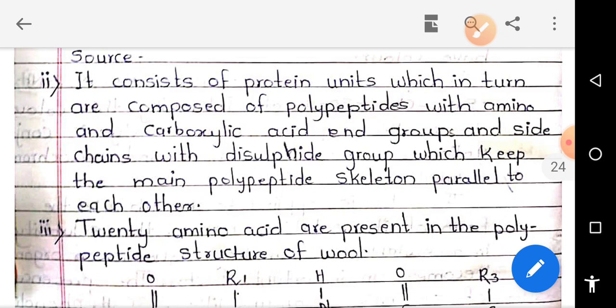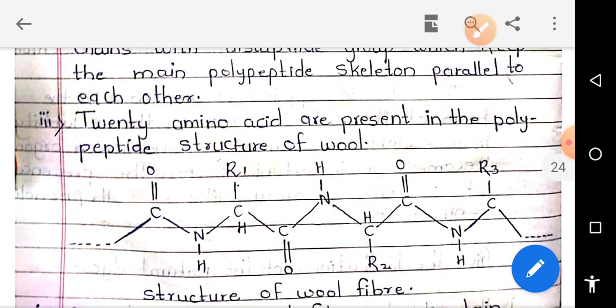Amino end means the chain attached from the nitrogen atom, that is the N terminal attachment for the formation of polypeptides, and the carboxylic acid end means the formation of the polypeptide attached to the C terminal, that is the carboxylic acid terminal. Here are given these descriptions.